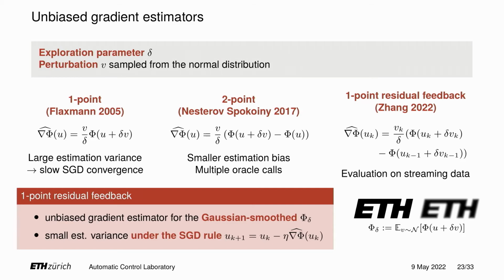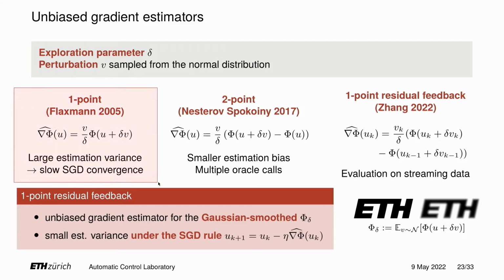I'm going to tell you why by just looking at three of them. First of all, they all rely, in general, on having an exploration parameter: adding a little perturbation to your input so that you see where the cost function is increasing or decreasing. And let's suppose that for all these methods, this perturbation comes from the normal distribution.